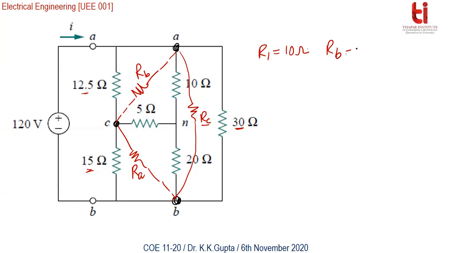And R2 should be 20 ohms and R3 should be 5 ohms. So now we can calculate RA, RB, and RC. So RA will be R1 R2 plus R2 R3 plus R3 R1 divided by R1.